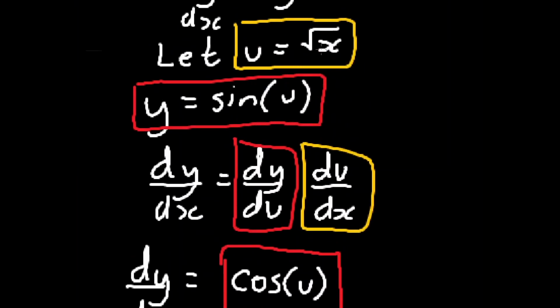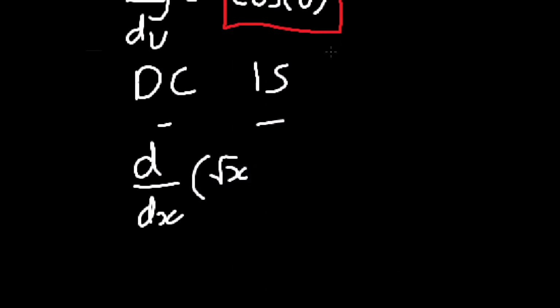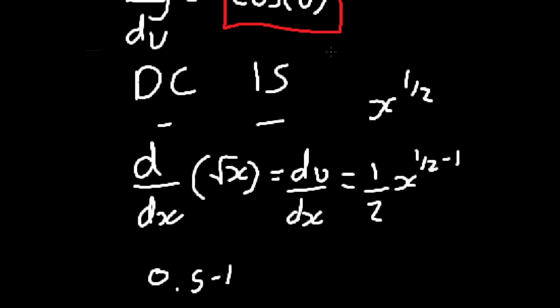So u is equal to the square root of x. So du/dx, that is equal to, just like saying x to the 1/2. Okay, so put the 1/2 out the front and then minus a half from the power. Now, you might be able to say 0.5 minus 1 is equal to minus 0.5.